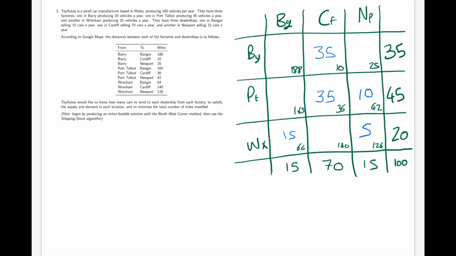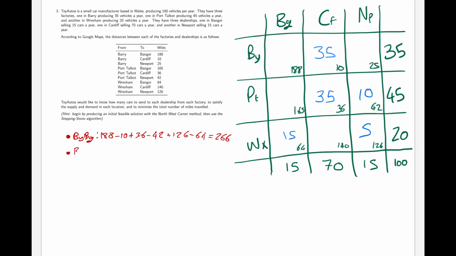Now we don't yet know if we have finished the stepping stone algorithm. We'll do it again. We'll check every non-basic variable. So first we will check Barry-Bangor. Our loop now will be this. So increase Barry-Bangor, decrease Barry-Cardiff, increase Port Talbot-Cardiff, decrease Port Talbot-Newport, increase Newport-Wrexham, decrease Bangor-Wrexham at a net unit cost of 266.